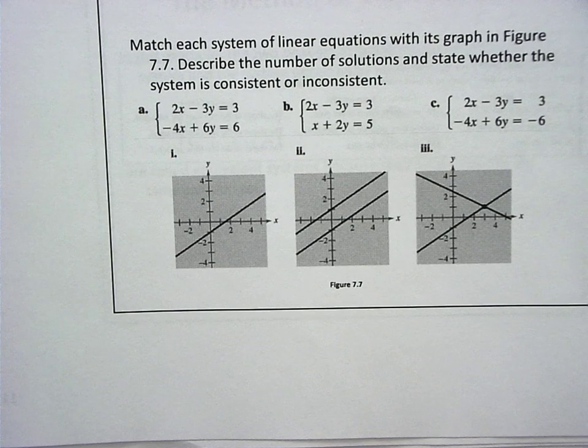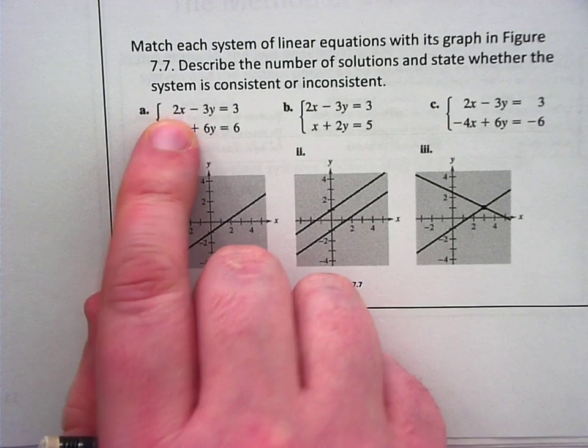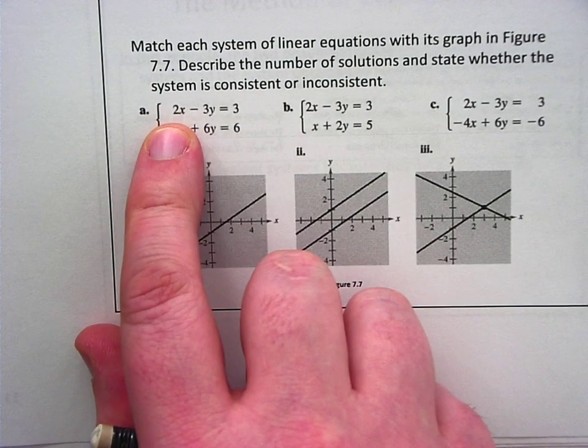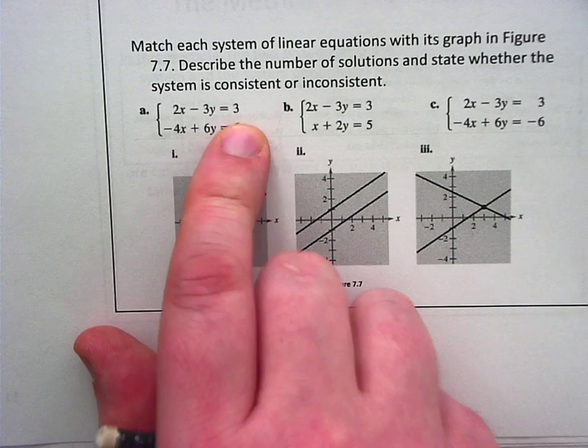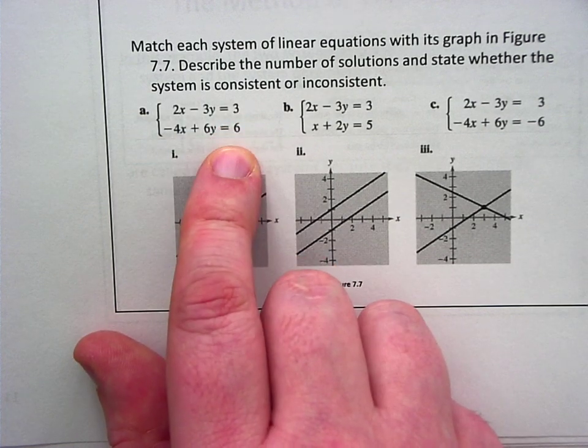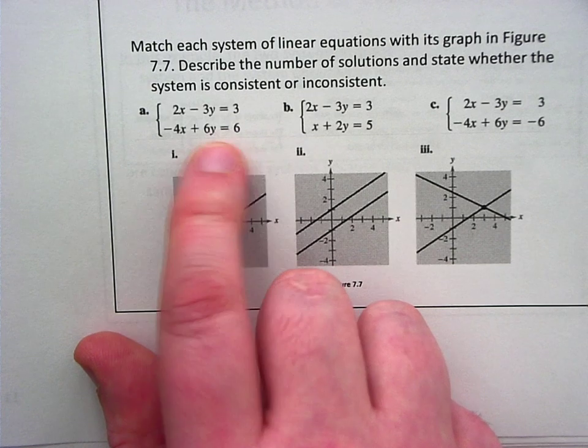Now remember, the slope means I would solve for y. So I'd move over the x, then divide by the coefficient. So what you want to look at is the coefficients. These will have the same slope because all I have to do is multiply this equation times negative 2 and give me the same numbers. But if I multiply 3 by negative 2, do I get 6? No, so this one doesn't work.